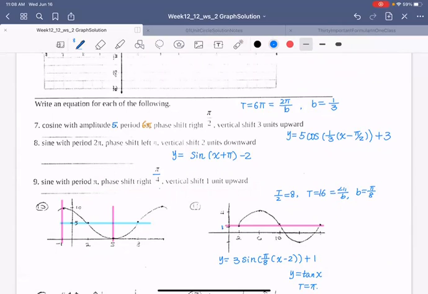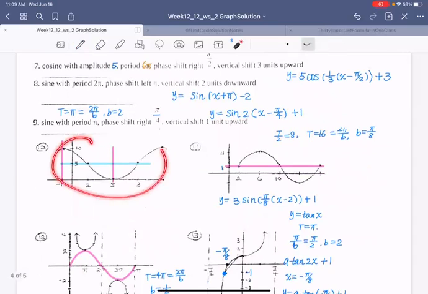So y equals sine, 2 is the b value, because T is pi. T equals 2 pi over b, so b is 2, right? And then this is a phase shift. Make sure you have a parenthesis, and then you do x minus pi over 4. Very good. And plus 1. All right, thank you.